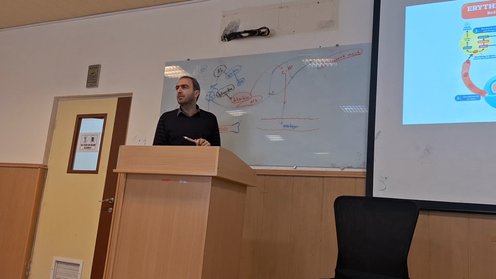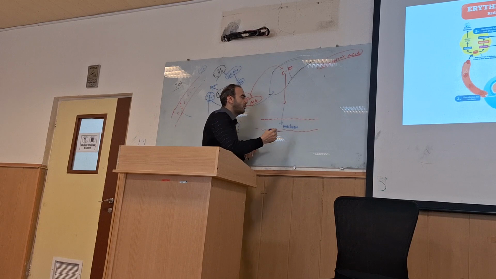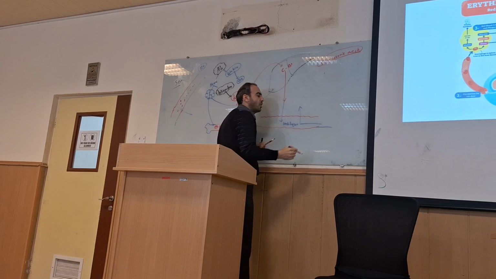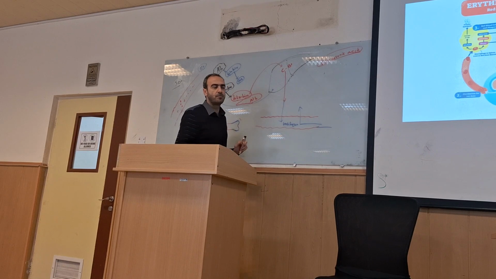Urobilinogen in the intestine has two phases. One of them converts to stercobilin.